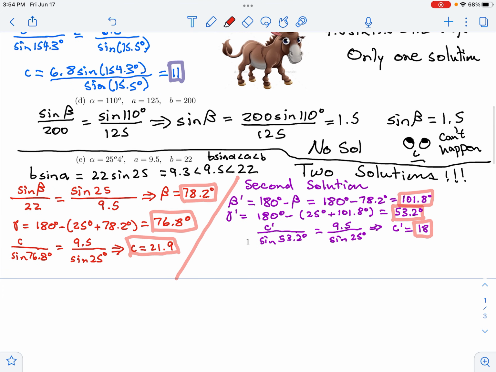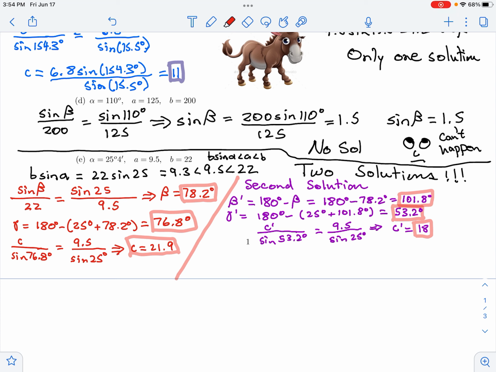Now, let's look at the third one. Remember, we're going to use b sine alpha is less than a, less than b, if there's to be two solutions. When we work this out, we find that inequality holds, so that tells us there are two solutions. So we go about our business working this out.